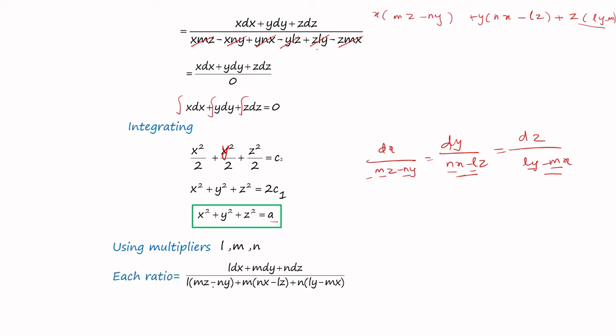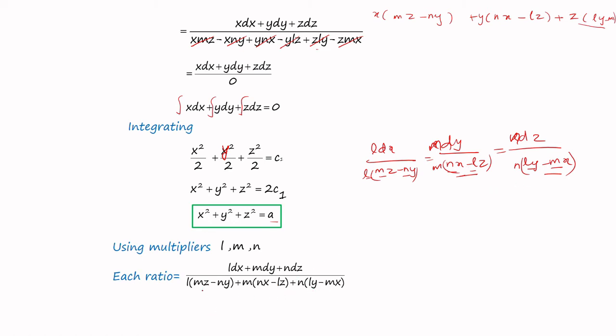Each ratio is equal to l dx plus m dy plus n dz divided by l into mz minus ny, plus m into nx minus lz, plus n into ly minus mx.